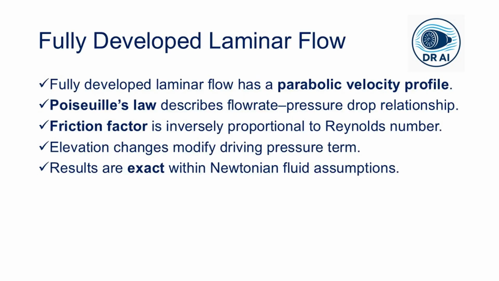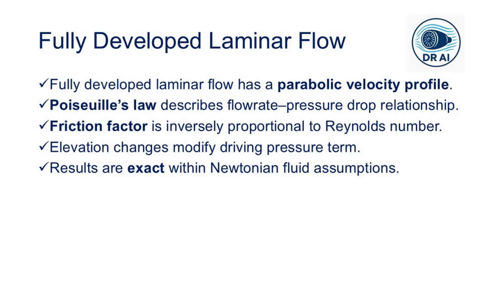Now, let us summarize what we have studied in this particular lecture up till now. We started with a simple force balance on a fluid element. We combined it with Newton's law of viscosity for laminar flow. We integrated to find the parabolic velocity profile, the hallmark of laminar pipe flow.